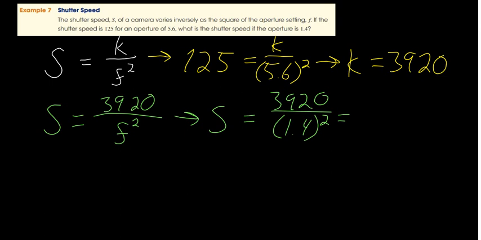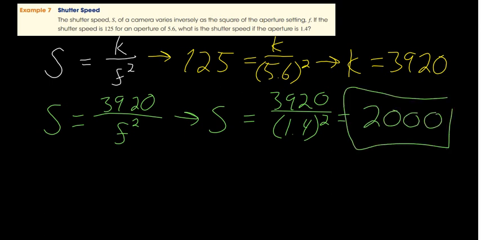So 2000? Does that sound right? Yeah. So my shutter speed is going to be 2000. It's weird just calling shutter speed 2000 and aperture 5.6, but anyways, that's it. We did shutter speed.